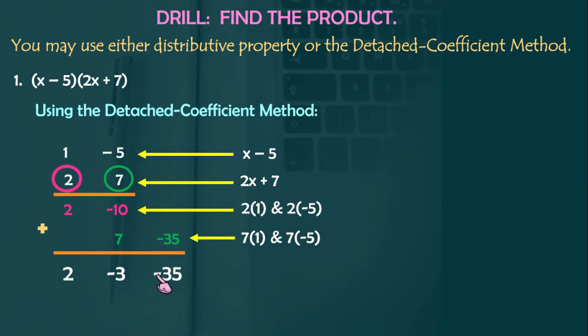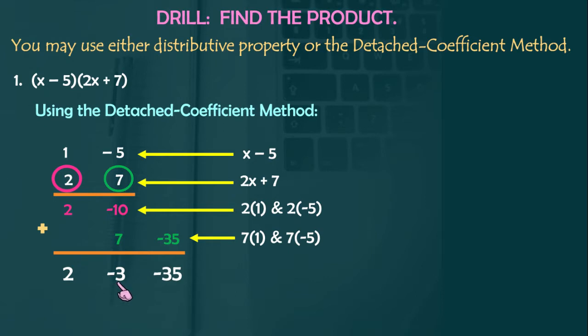So negative 35 here is our constant term. Negative 3 here is our x term. So we can now write x there. And 2 here is our x squared term, the coefficient of the x squared term.